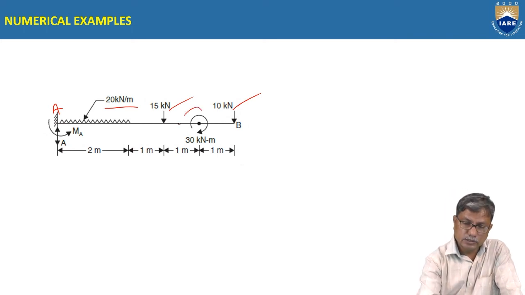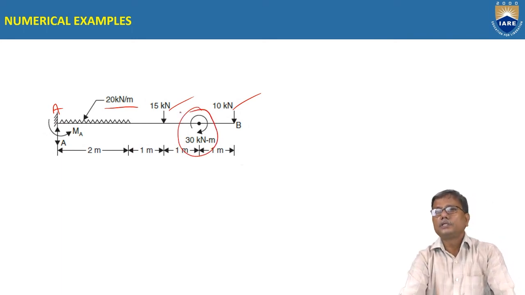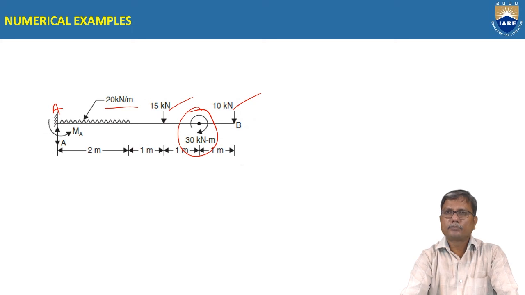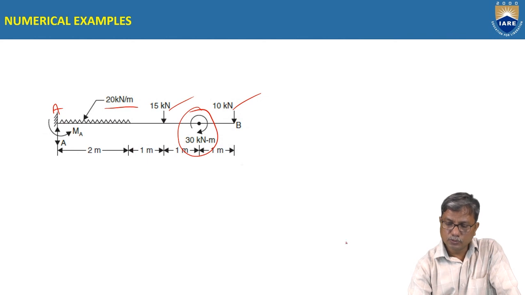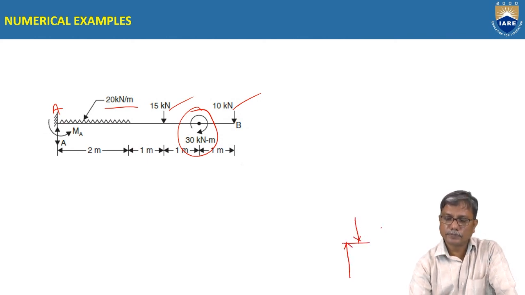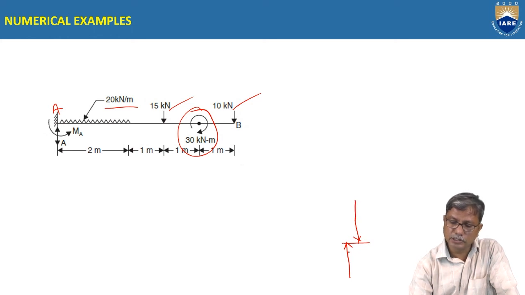And what is this? It is called a couple. 30 kilonewton meters. It is called a couple acting. A couple is two equal and opposite forces separated by a small distance.